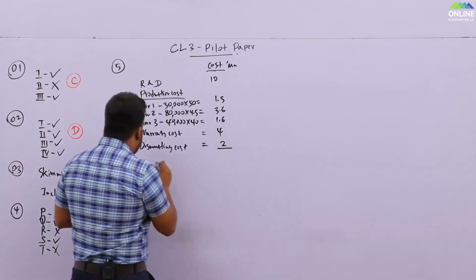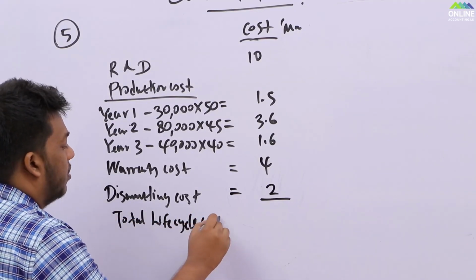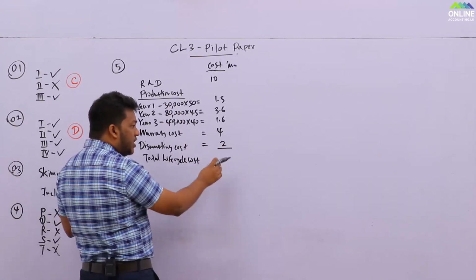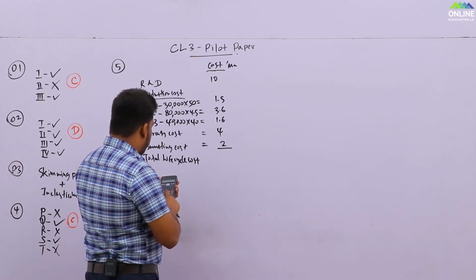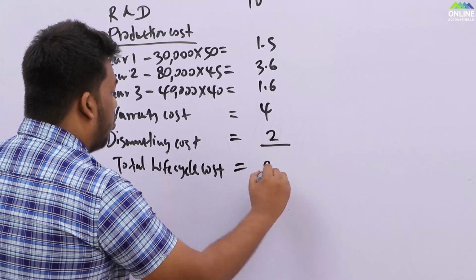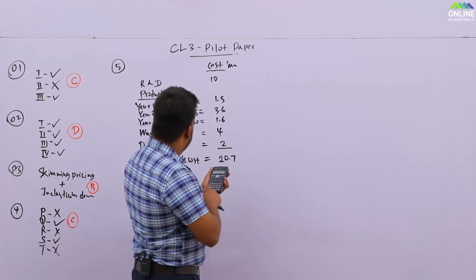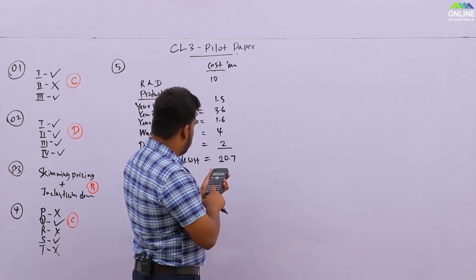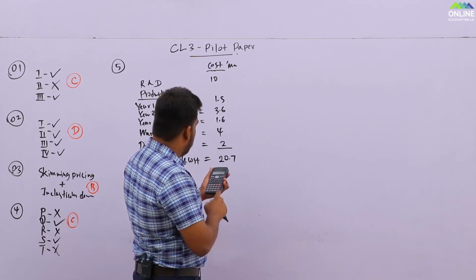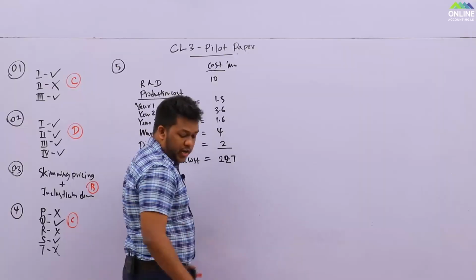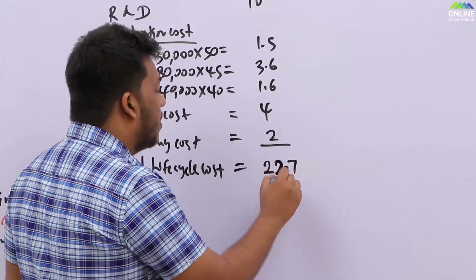Then the total life cycle cost, the total cost in all 4 years for this product: 10 plus 1.5 plus 3.6 plus 1.6 plus 4 plus 2, that is 22 million 700,000, right?